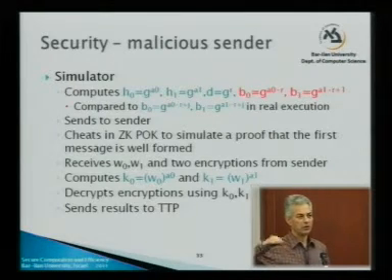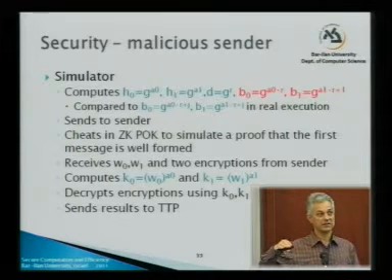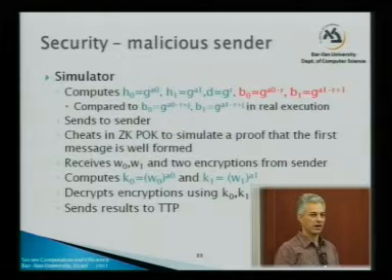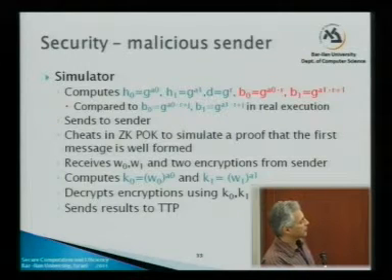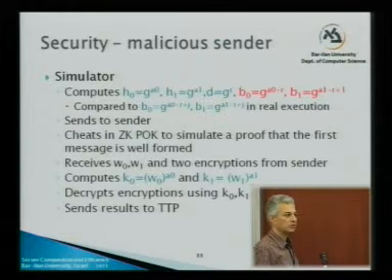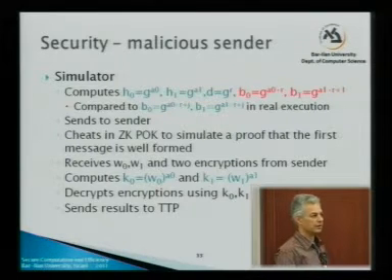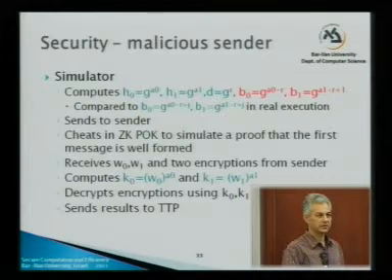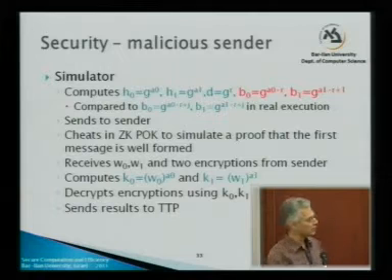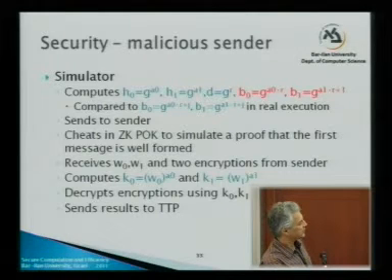What we do in the simulation is use a hybrid in between, where one of them is just like the one we would have sent if our input was 0, and one of them is just like the one we would have sent if our input was 1. So we're sending this hybrid. This is what happens in the real execution, and this is what we sent here.